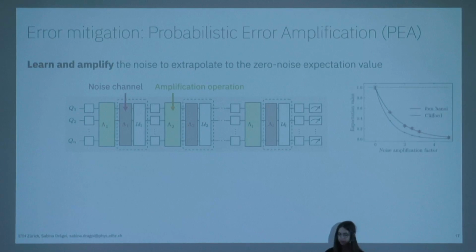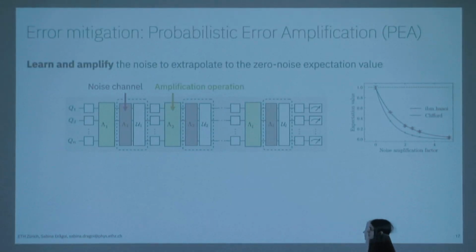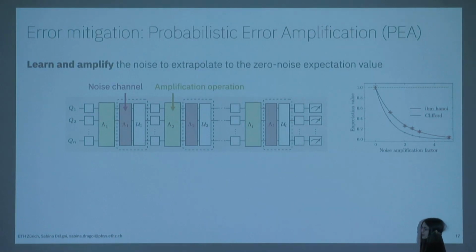And the idea is that you define a noise amplification factor and apply noise proportional to that factor until you get a curve that will let you extrapolate to the so-called zero noise expectation value. That's the value that you would probably get if there were no noise in your circuit.